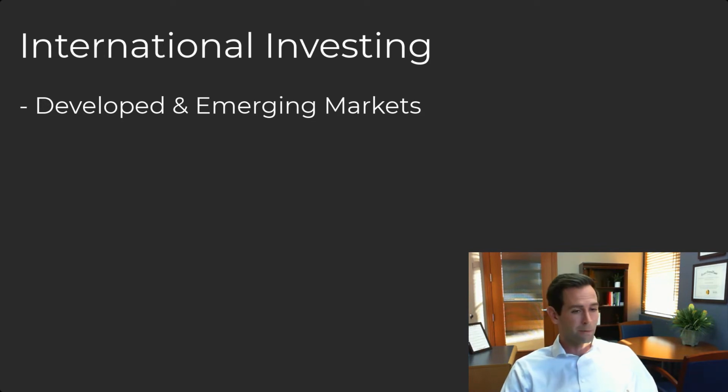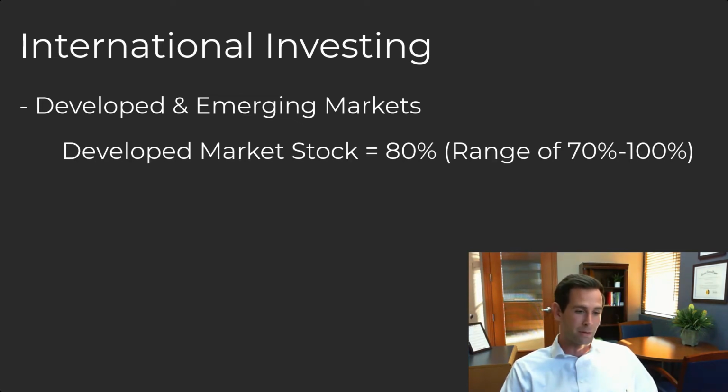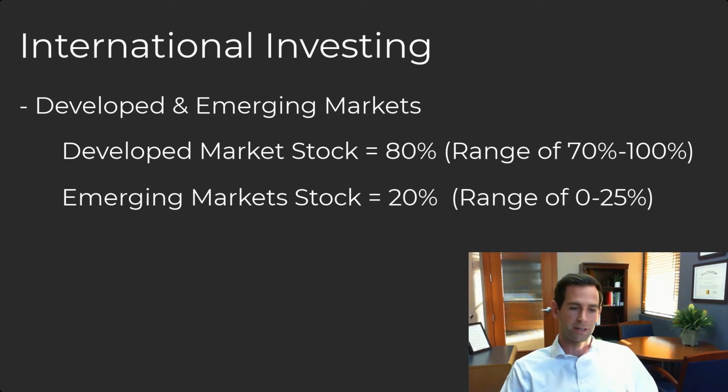The typical ballpark answer of how much you would want to have in developed markets would be about maybe 80% of your international portion and perhaps 20% in emerging markets. Now that can be different for different people depending on your risk tolerance, so that's not a one-size-fits-all answer, but that's typically the right range.